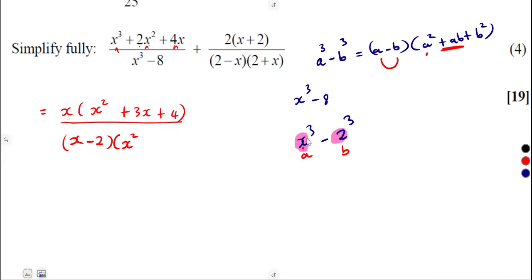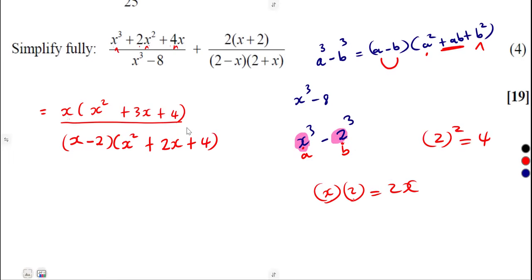Our A is x, our B is 2. So x times 2 is the same as 2x. So it's plus 2x. Plus B squared. Our B is 2. So what is 2 squared? 2 squared is 4. So that's a plus 4 that we are given there.